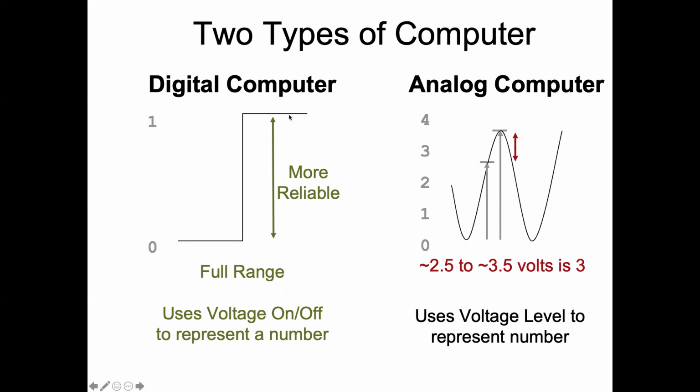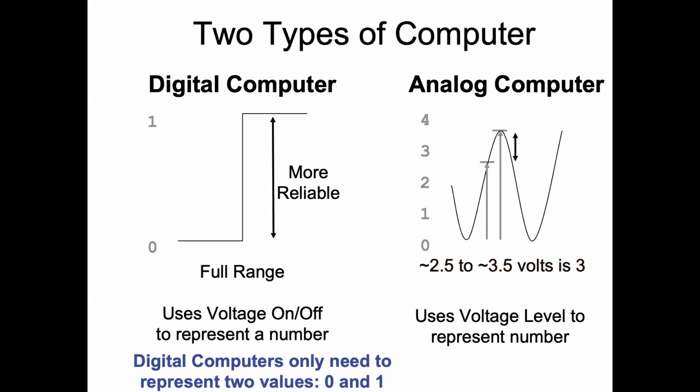If we use values that are easily discriminated like that, there's less risk that we would store a 0 in one part of our computer system and then accidentally read back a 1 in some other part of, say, our processor. So modern computer systems, instead of storing ranges of values, store numeric values based on just two discrete values, 0 and 1.